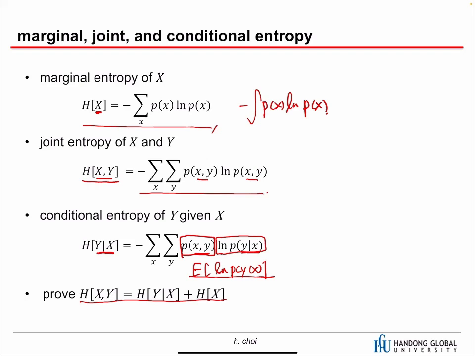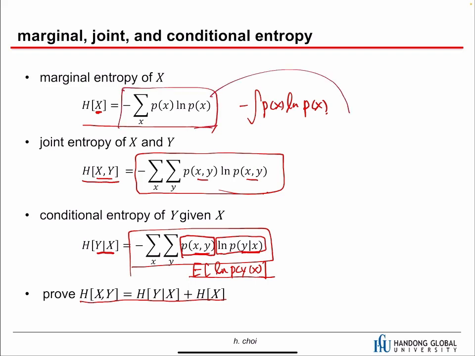We have joint entropy here, conditional entropy here, and marginal entropy. Let's rewrite this marginal entropy using just an integral, which is much easier for me to draw. The marginal entropy is minus the integral of P of X log P of X dx.